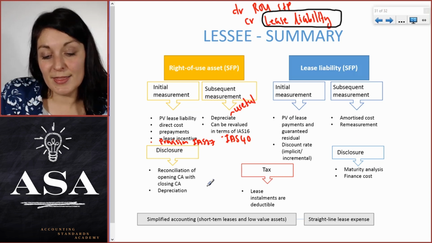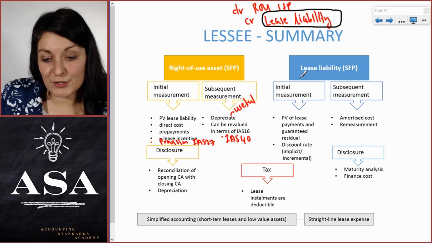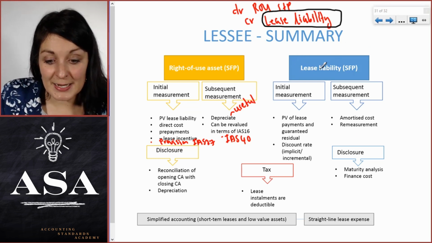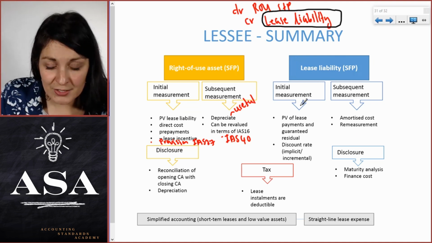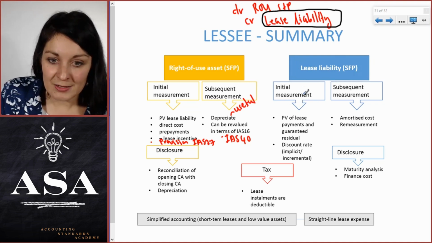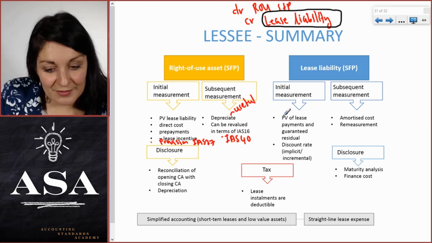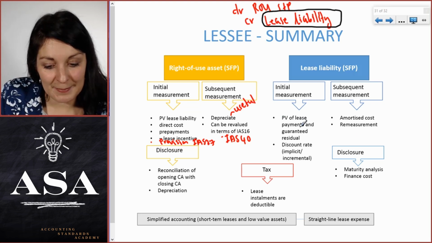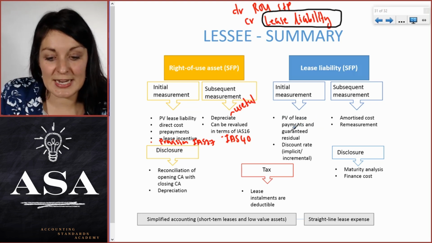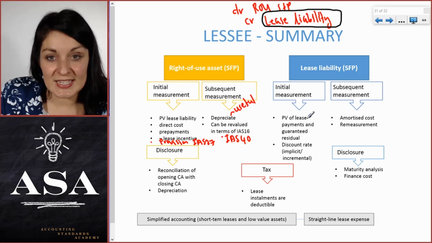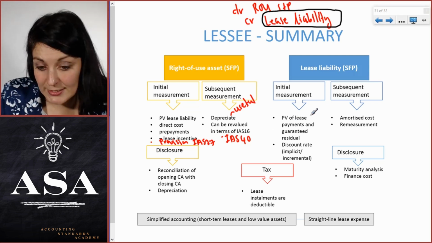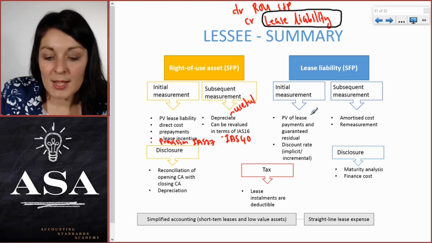Then you have to deal with your lease liability, the initial measurement of this lease liability. At commencement date of the lease, that amount is determined as the present value of all your lease payments, including your guaranteed residual value. So you're going to present value all your lease payments and also any guaranteed residual values at the end.